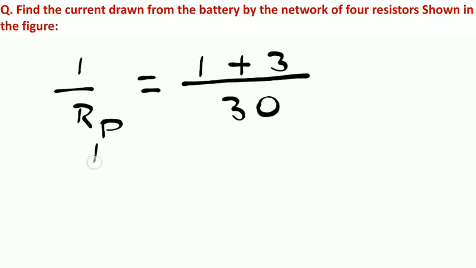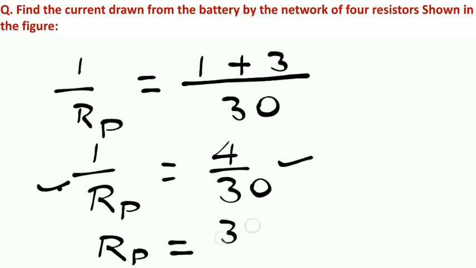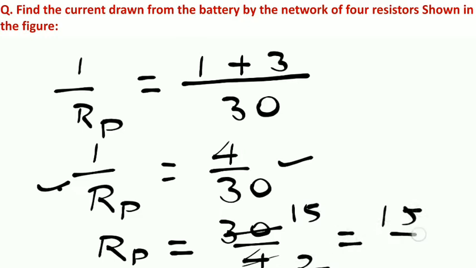So this will be equal to 4 upon 30, or we can say the value of Rp will be, reciprocating both sides, 30 upon 4. Let us divide it by 2. So 2 15s are 30 and 2 2s are 4. So this becomes 15 upon 2 ohm. This is the resistance which is in parallel.